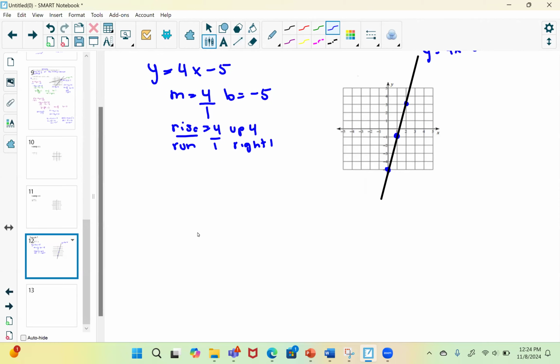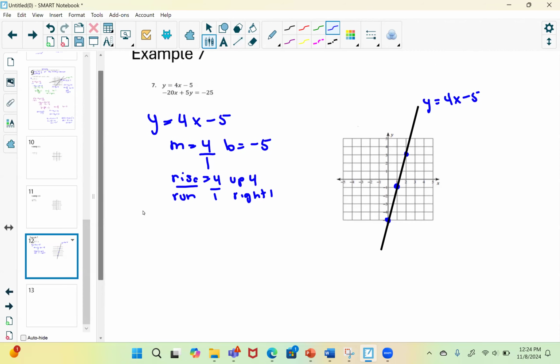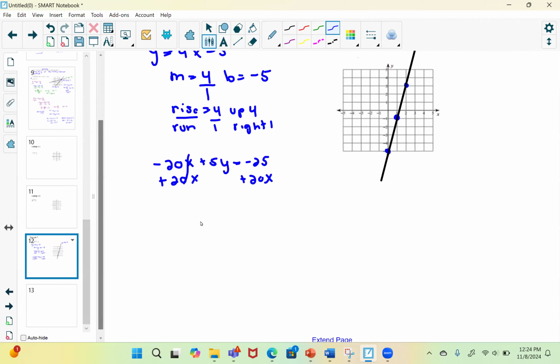Okay, so then I have to graph the second line. You can either find the x and y intercepts, or you can solve for y. So if I solve for y, it's a -20x, so I have to add 20x to get it to cancel out. Remember, it has to equal 0.